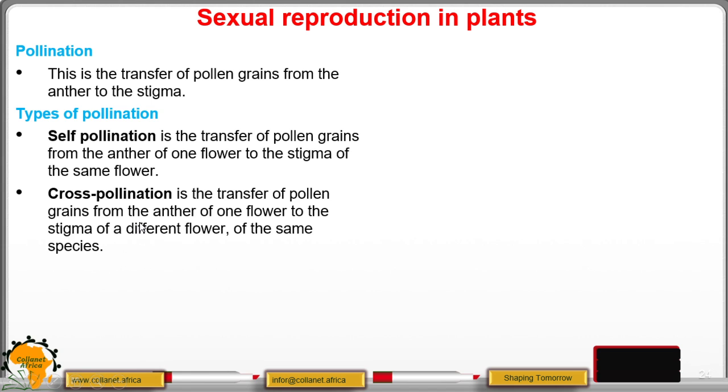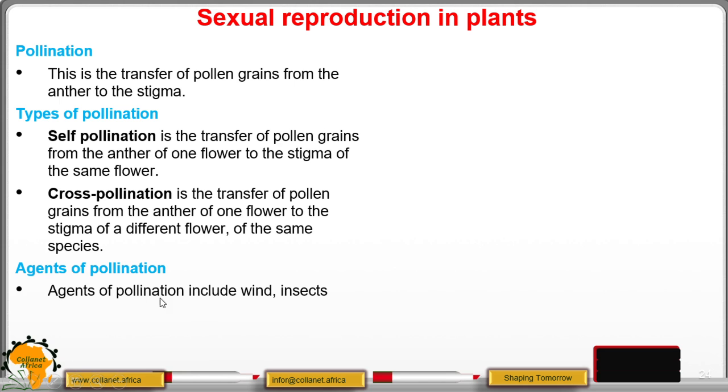So we will have flower A, its pollen grains being transferred to flower B of a different plant, but they should be of the same species. For example, if it is beans, it should be just one particular type of species. So we go to agents of pollination, and they include wind, insects, among others.